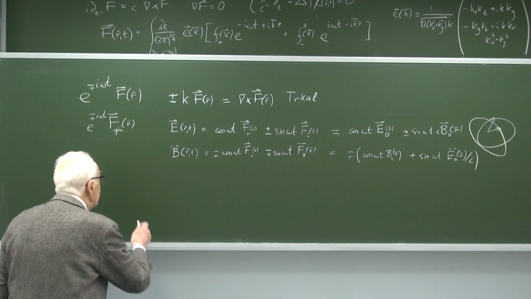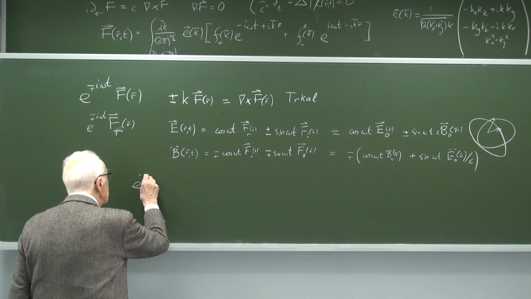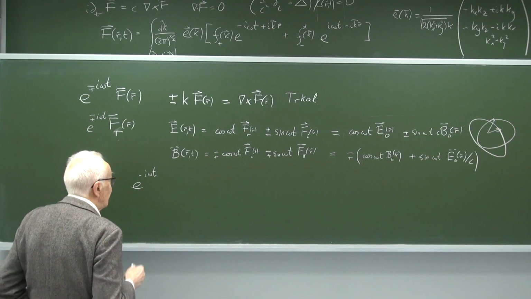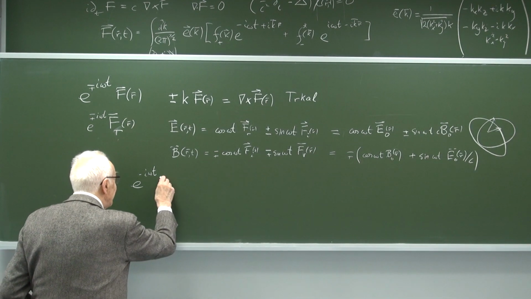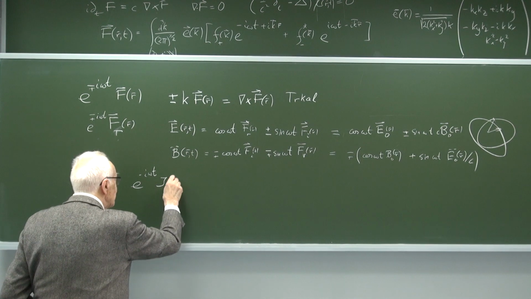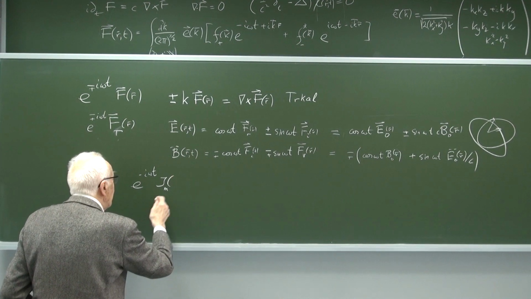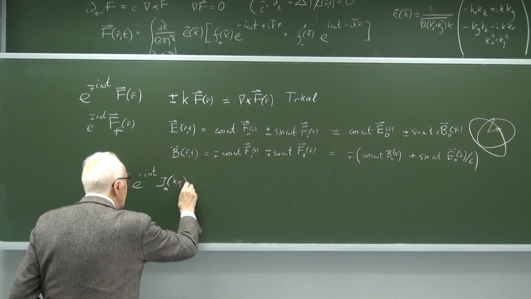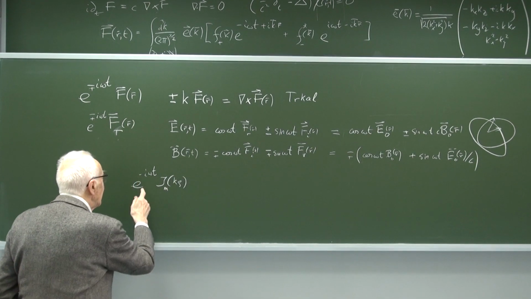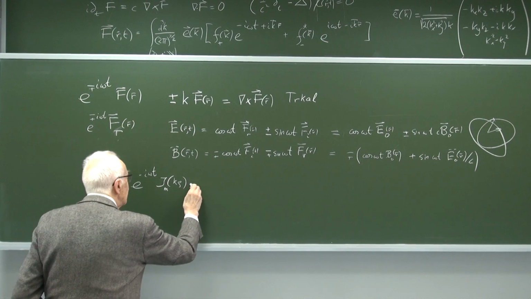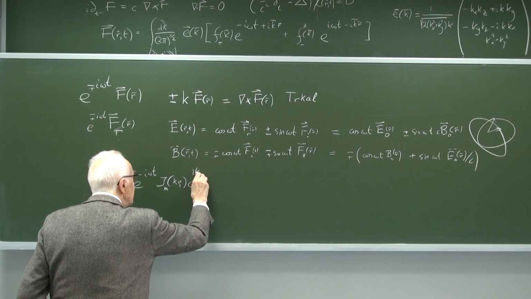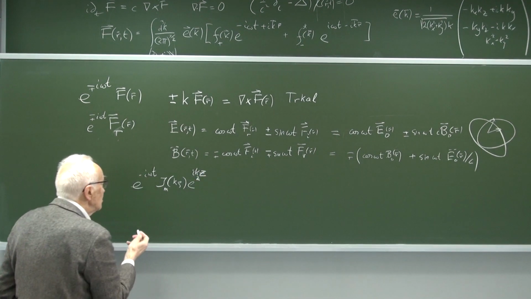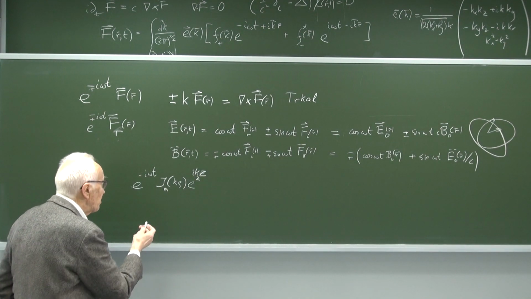Well, we take the simplest possible solution involving a Bessel function. And this solution is: take some Bessel function of k rho multiplied by e to the minus i omega t and multiplied by e to the i kz times z.